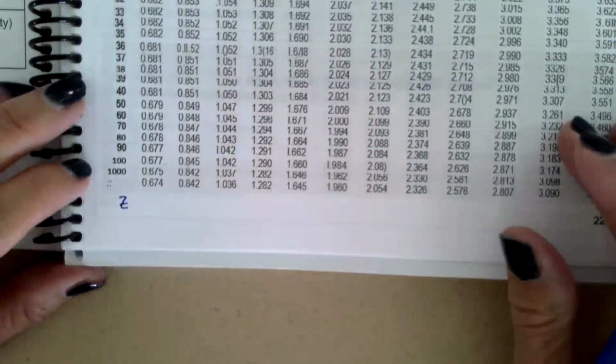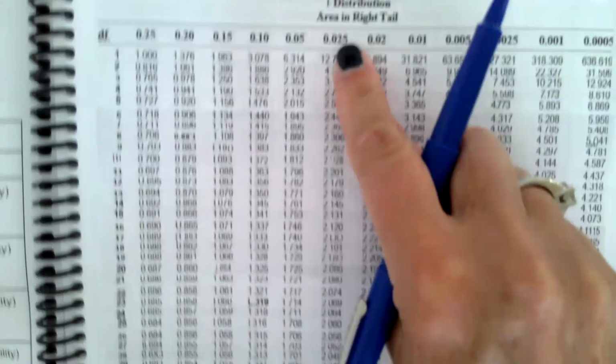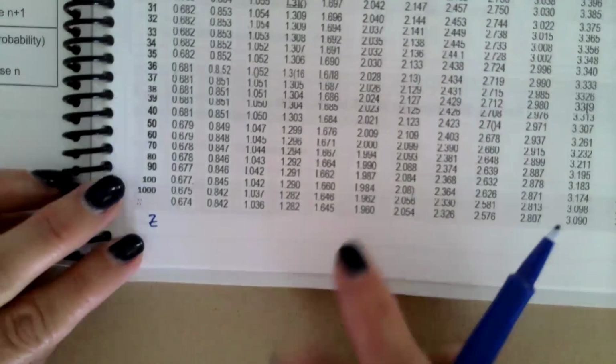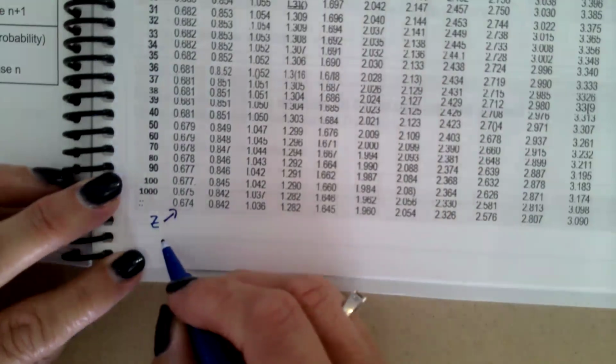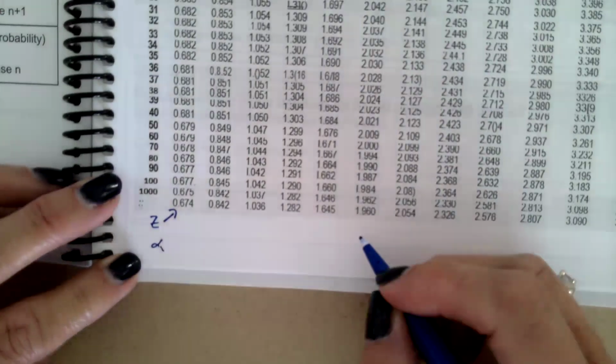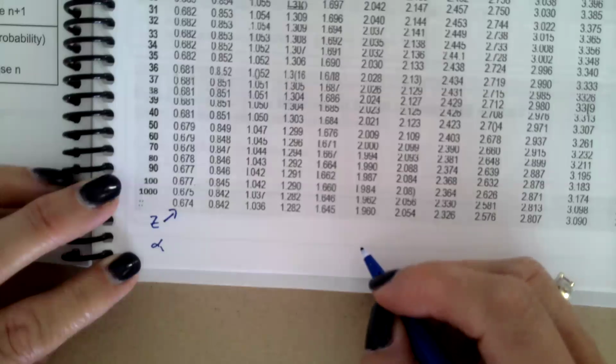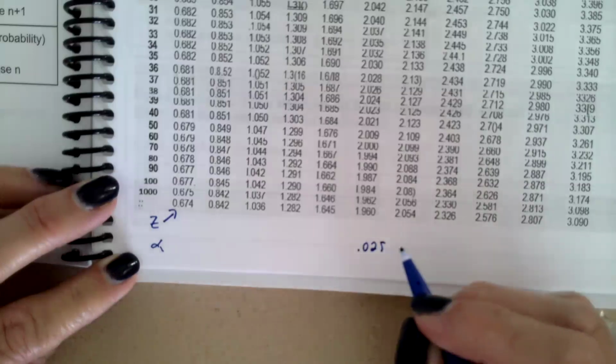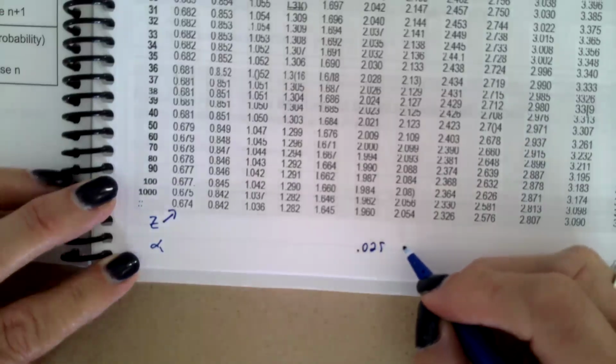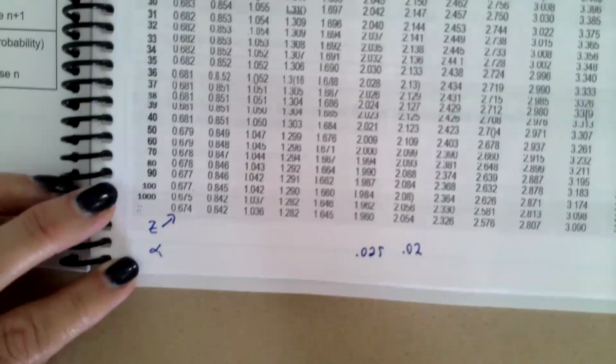So at 0.025, up here at 0.025, our Z value is 1.96.